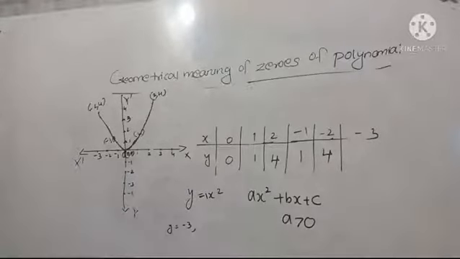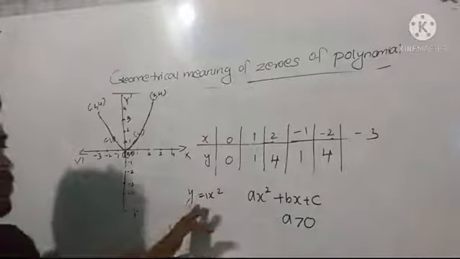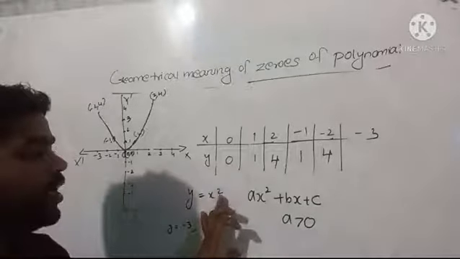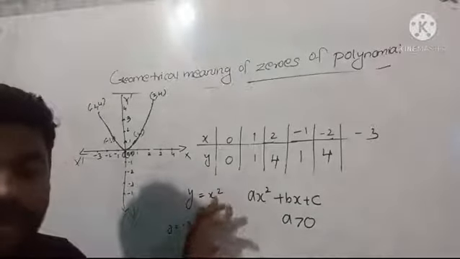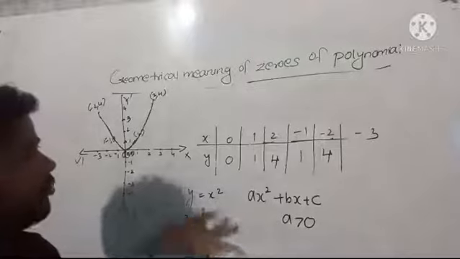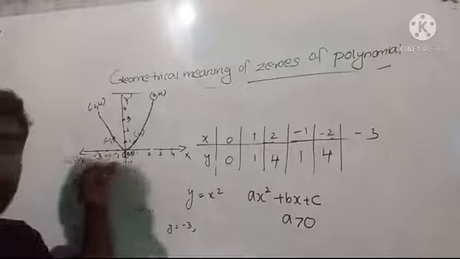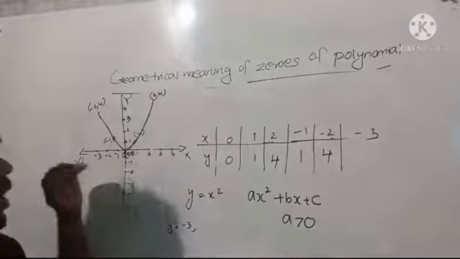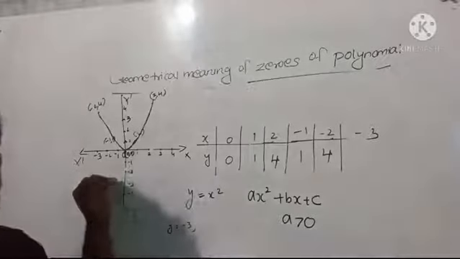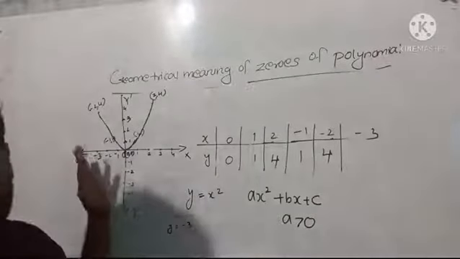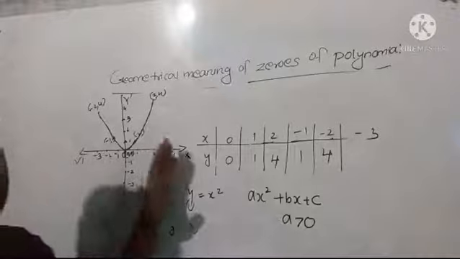In this graph, a parabola upward, y equal to x square, here the power is even, so the number of zeros can be no zeros, or 1 zero, and a maximum of 2 zeros for this quadratic polynomial.